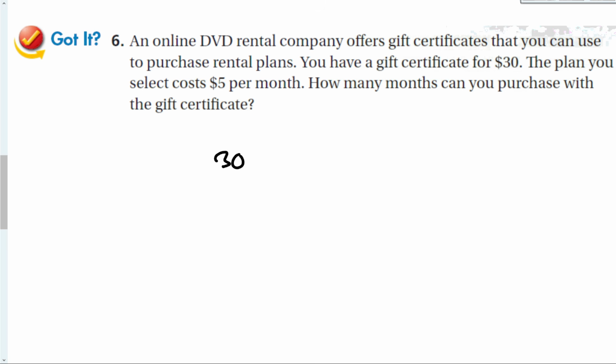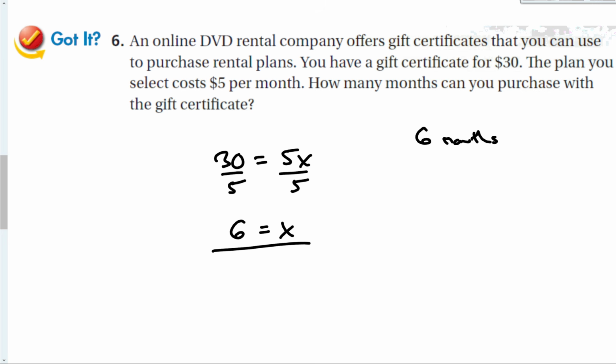The plan you want to select is going to be $5 per month. So we just solve for x, divide both sides by 5, and we get 6. So the answer to the question is 6 months. Don't just leave the answer as 6 is equal to x. Make sure you specify what we're actually trying to solve.